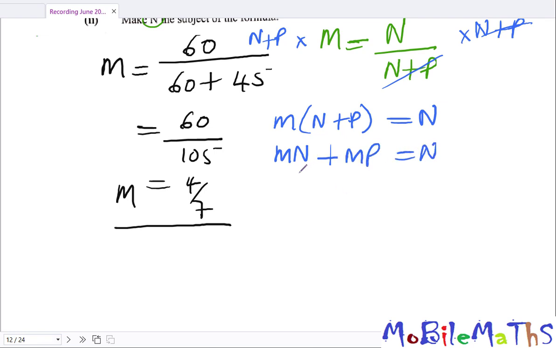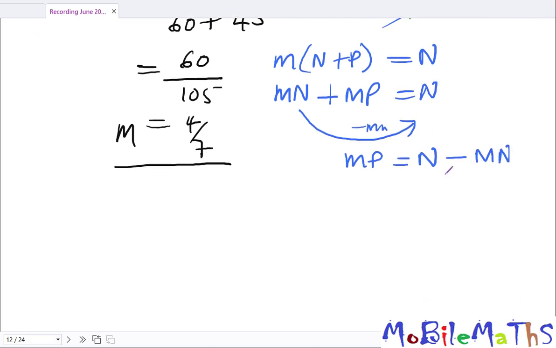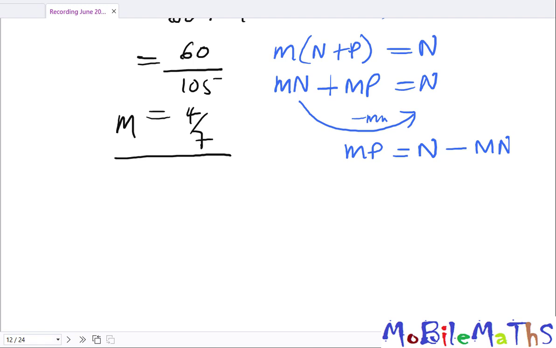So I have to take this n to that side. So I have mp is equal to n, and this becomes a minus mn. So I have minus mn there. And we have a common factor. If you check, I've got an n there, so I can factor out n. Factoring out n, I'll get mp is equal to n, and here I have 1 minus m.